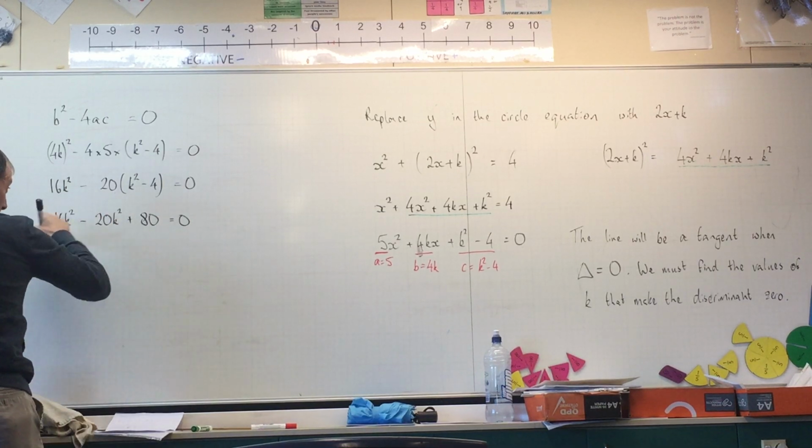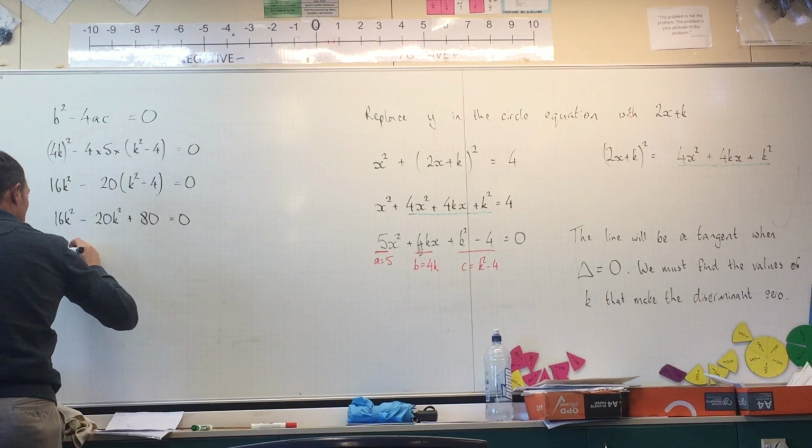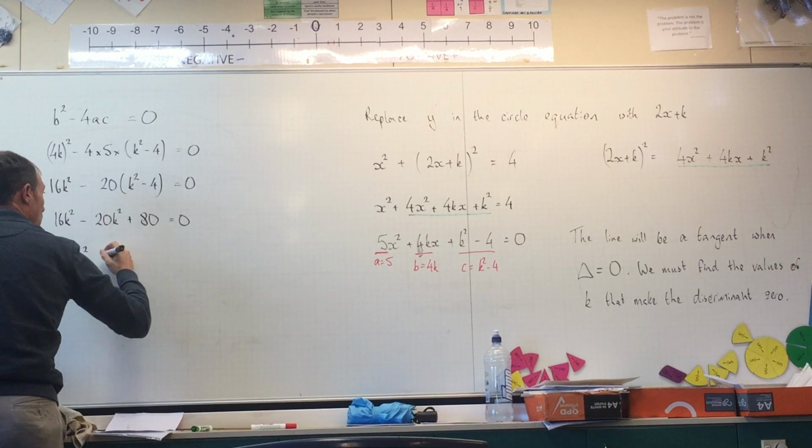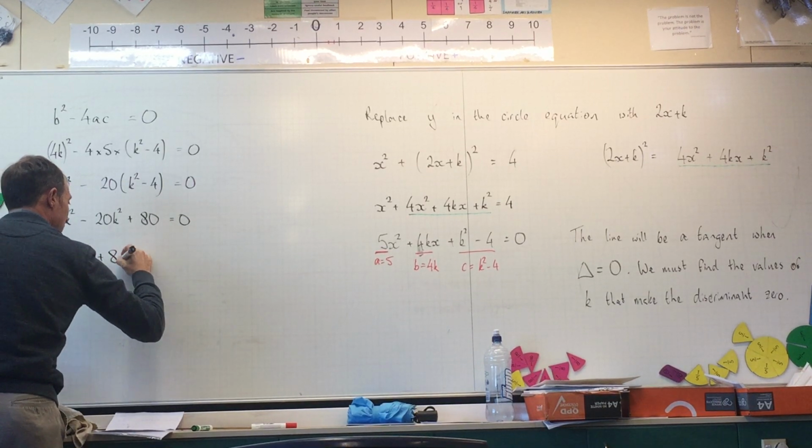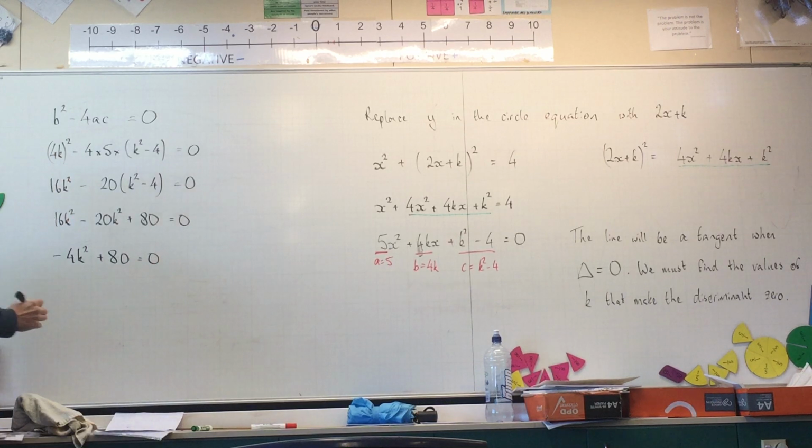And then let's just put those two together. Minus 4k squared plus 80 equals 0.